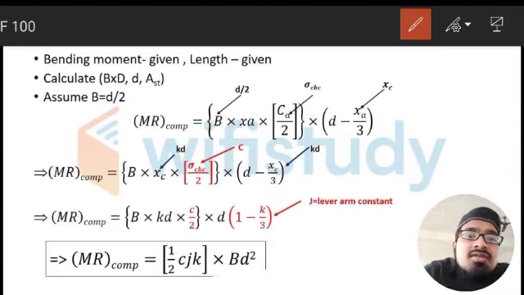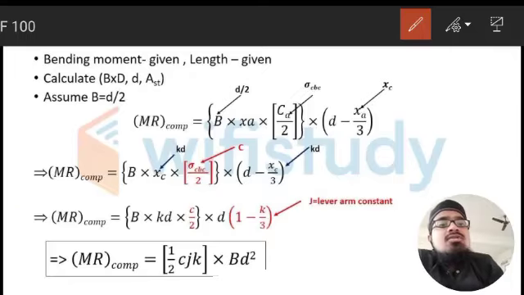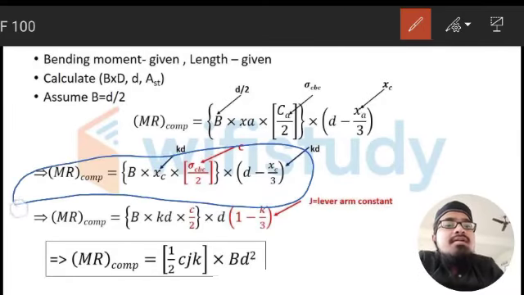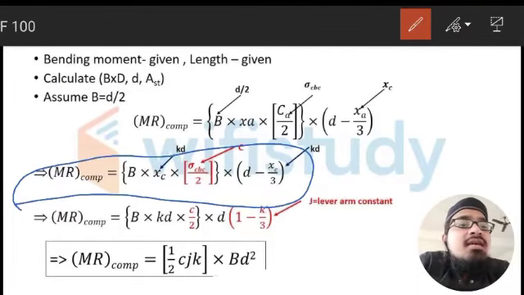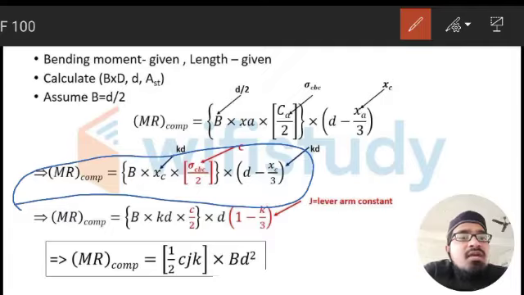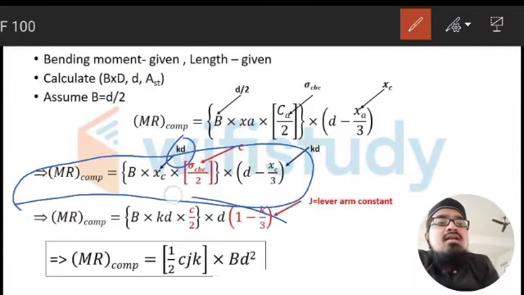If we substitute the values, this second line equation will come. Here sigma CBC by 2, how did it come? After putting the value of sigma CBC in CA, we all know that XC is equal to KD also. By putting the value of KD in that, we get this third line equation.